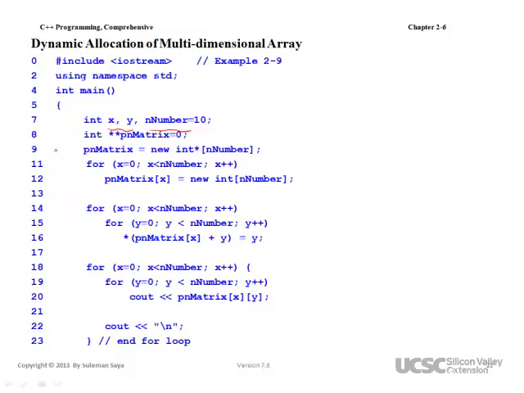Now, line number 8. On line number 8, I have a pointer variable. In this case, this pointer variable will be pointing to an address of an address. Okay, that's the reason it has two stars in front of it. You see these two stars. So it will be pointing to an address of an address. In the previous case, we had a pointer variable with only one star.